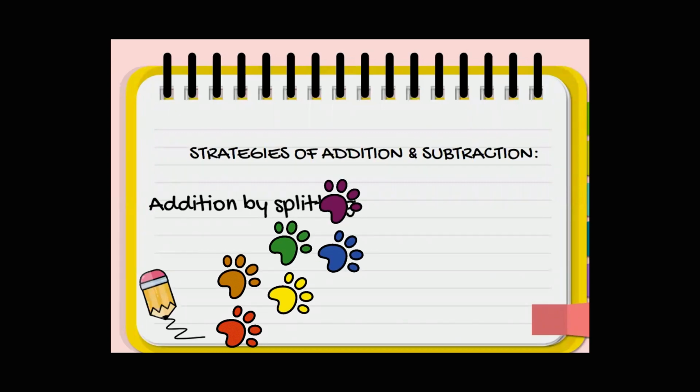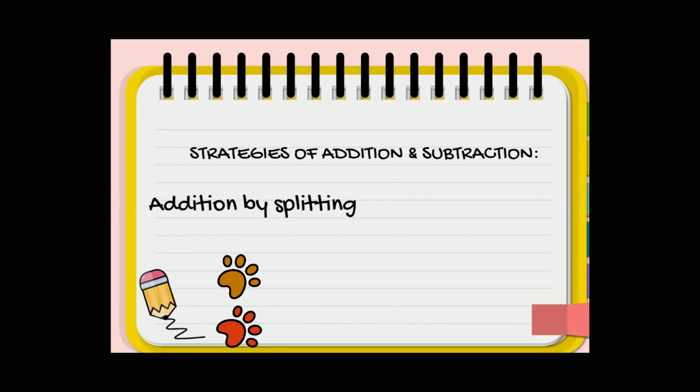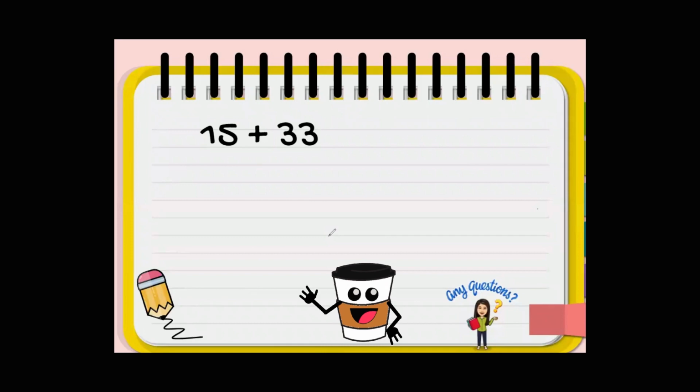Okay class, let's explore another strategy. This strategy is called addition by splitting. Okay, so your numbers are 15 and 33. 15 plus 33. So first step is to break the first number into 10 and 5, right?